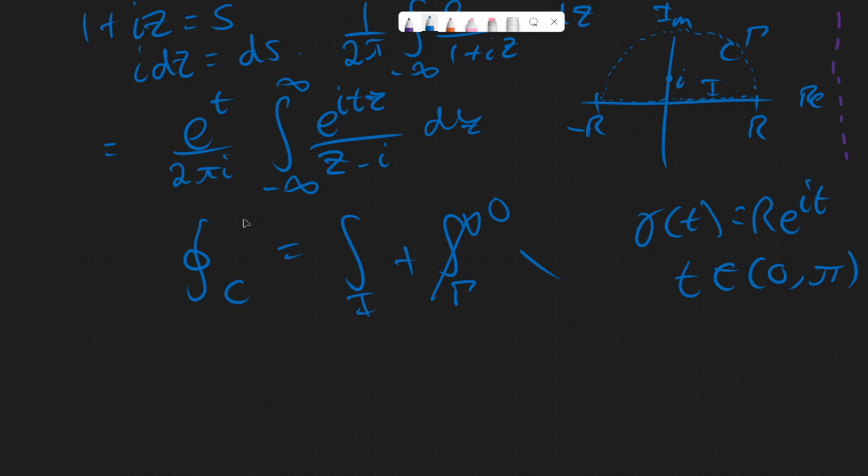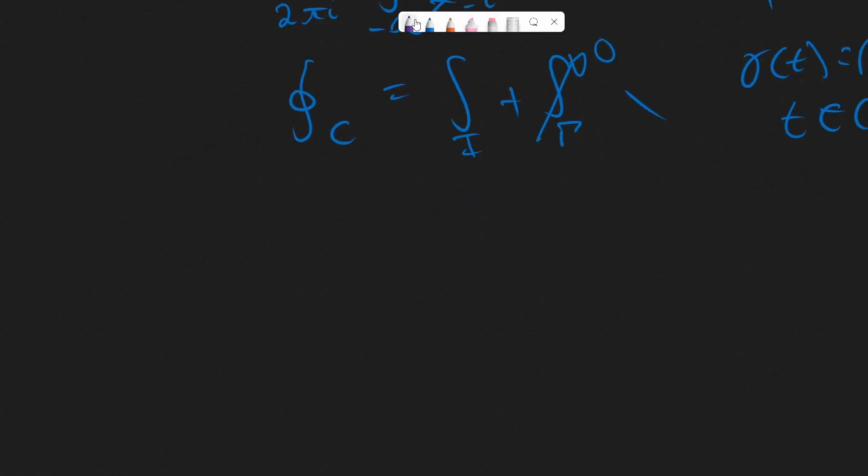So, carrying forward, this whole thing must equal e to the t over 2 pi i, contour integral over C of e to the itz over z minus i dz.